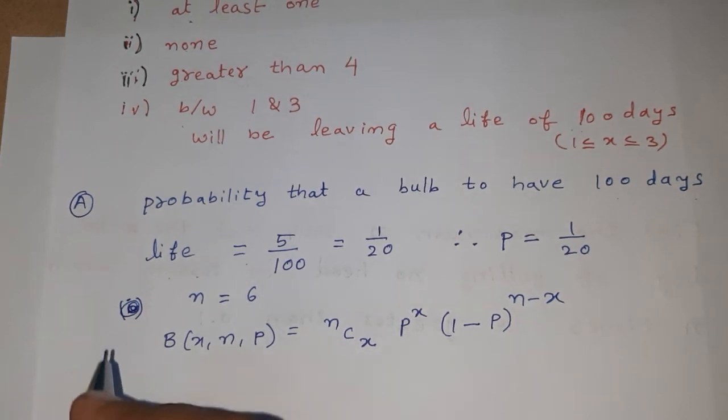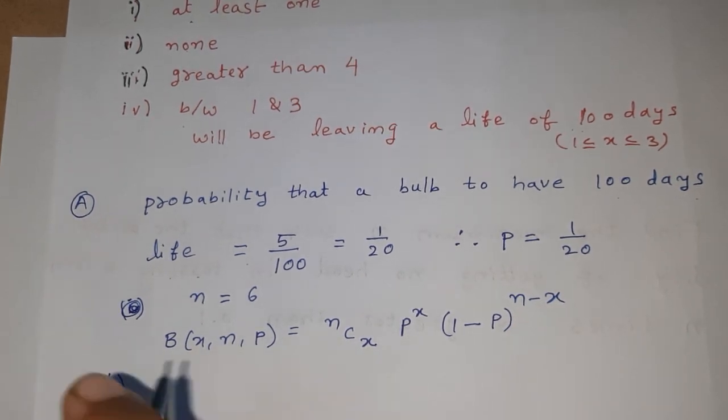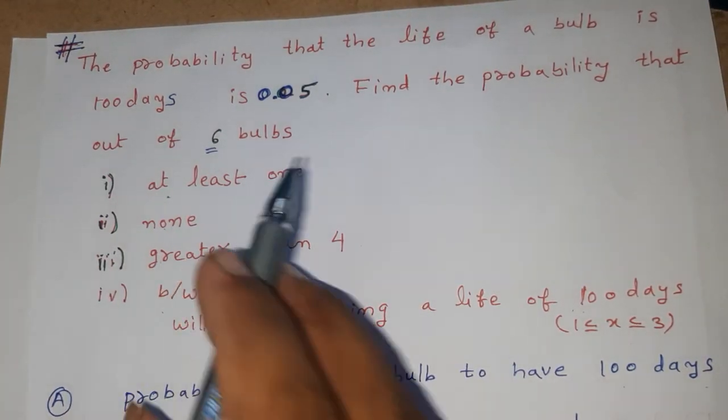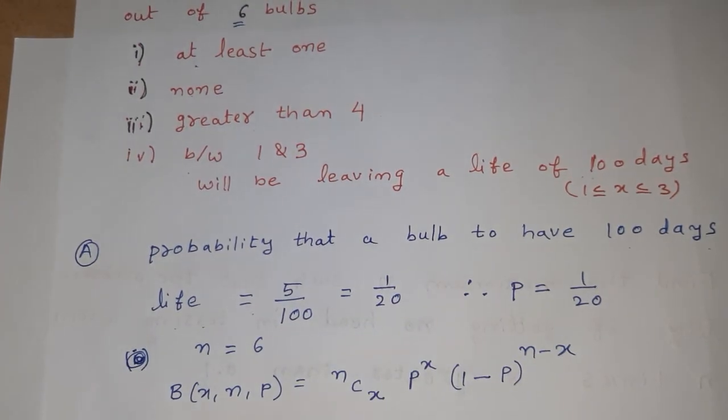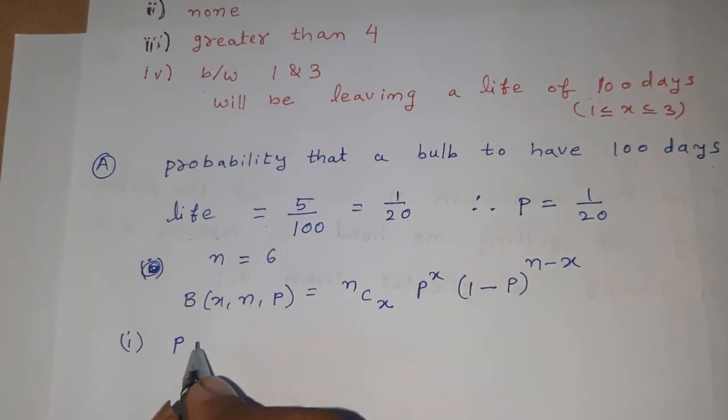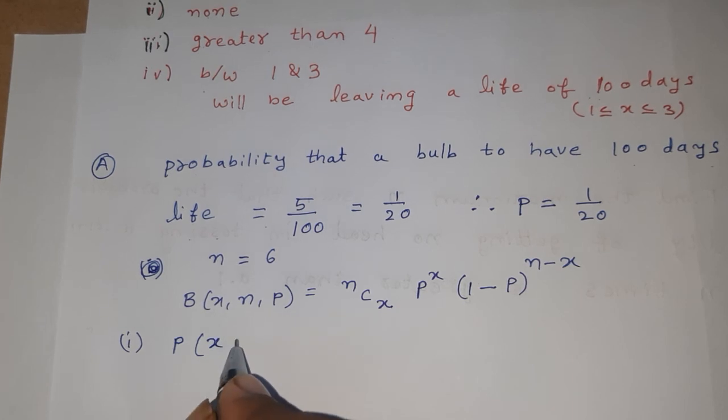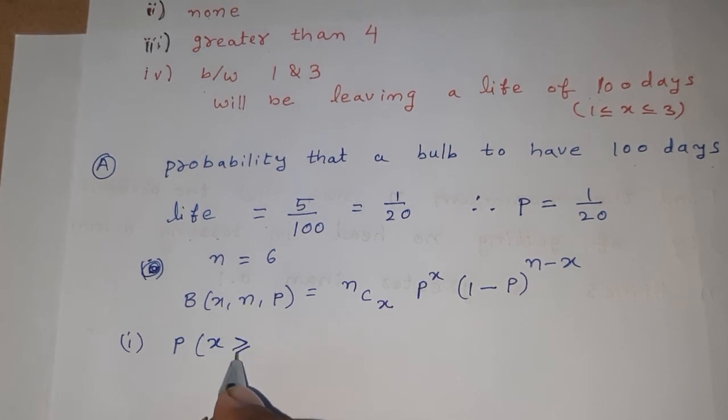Now let us go to the first elementary problem, that is at least one. At least one means the probability when the number of successes x is greater than or equal to 1.